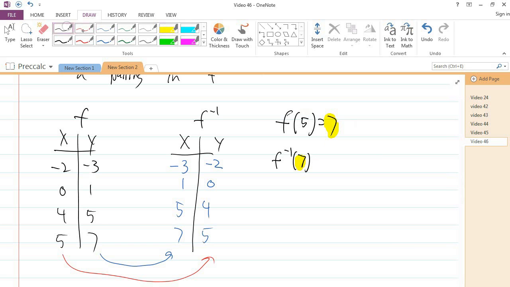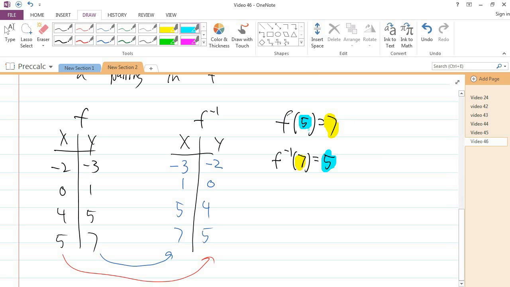If I use that y value as an x in f inverse, I get the matching x value as a y value, because inverses exchange x and y values. Another way to think of this is that inverses undo each other.